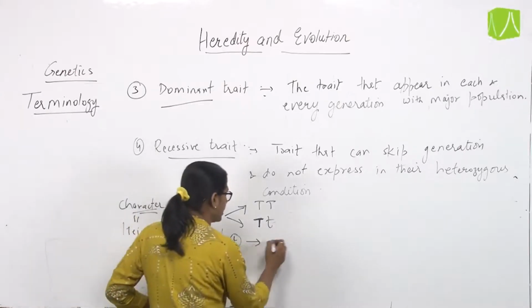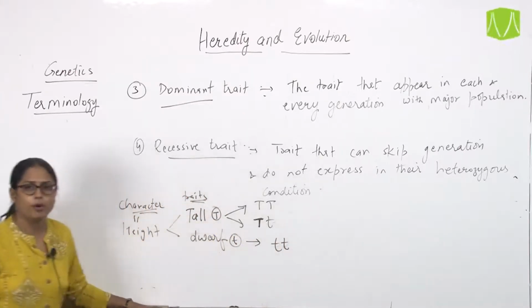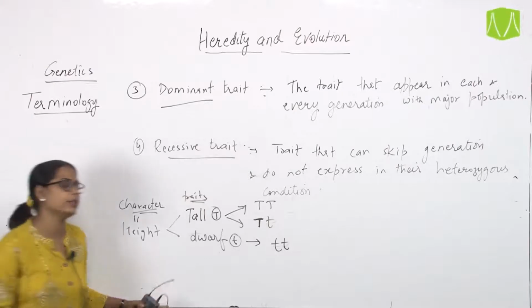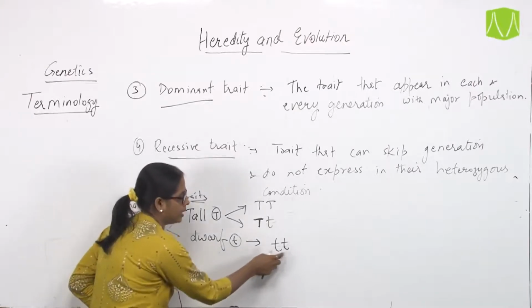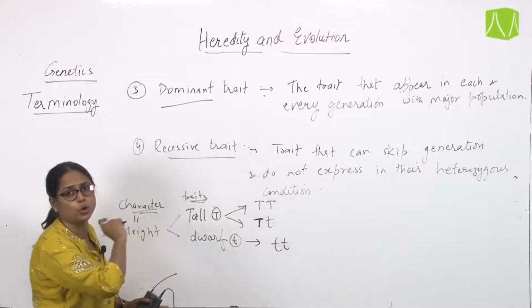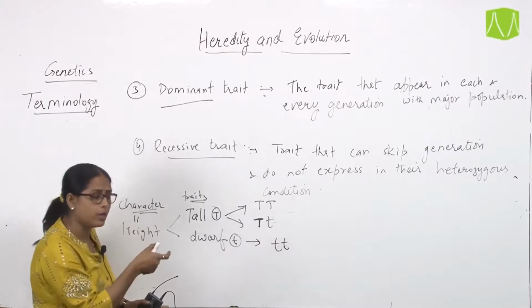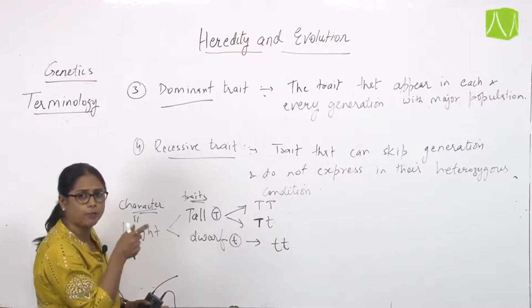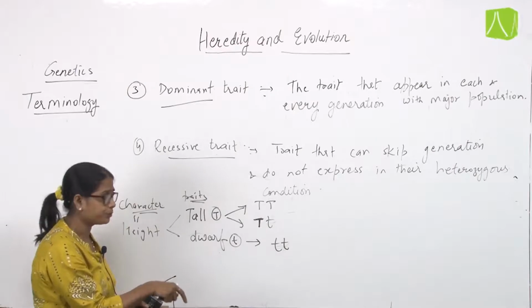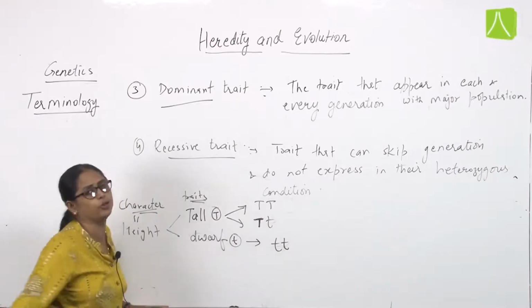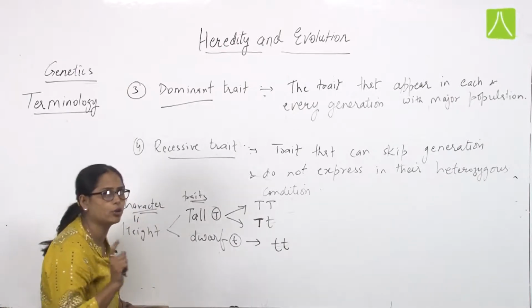But dwarf will express only and only when it comes in the homozygous condition. That means whenever both the alleles on that gene locus of the homologous pair of chromosomes are of recessive trait only, then only that recessive trait is going to express, otherwise the recessive trait will not express.